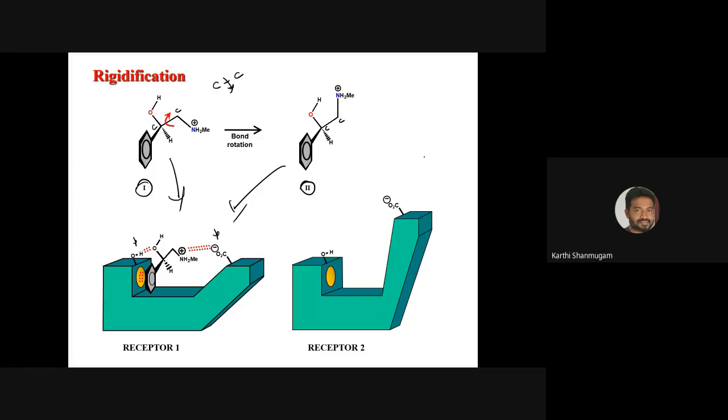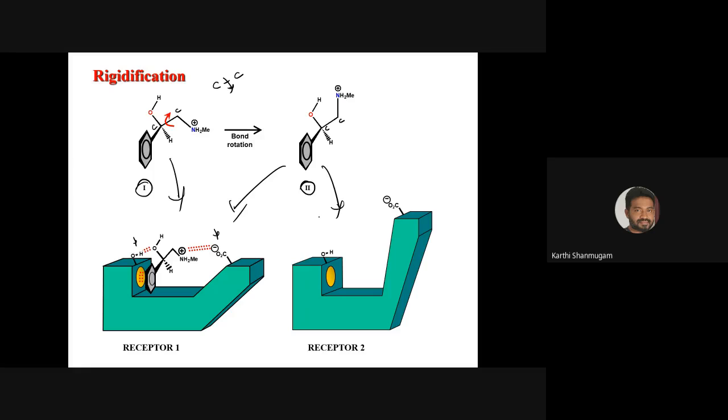I have another receptor, receptor 2. The architecture of receptor 1 and receptor 2 are completely different. Can we fit molecule 1 in this binding site? No. Can we fit molecule 2 in this binding site?